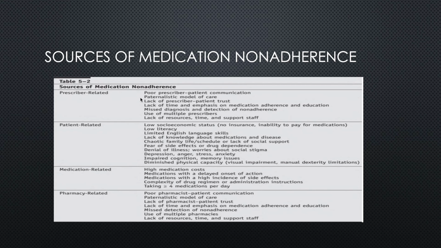This includes poor communication, a lack of trust between us and the patient, lack of time and emphasis on medication adherence and education. So, if we're talking with a patient and we're not emphasizing that this medication is really important to stick to, that can cause non-adherence.